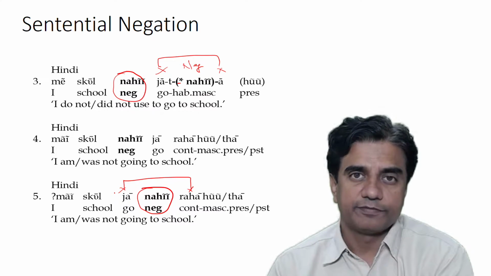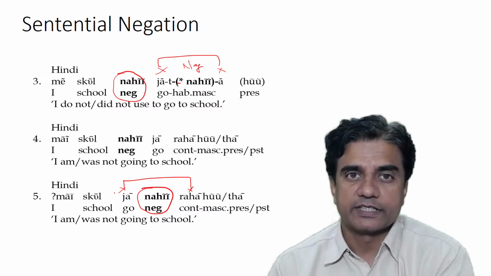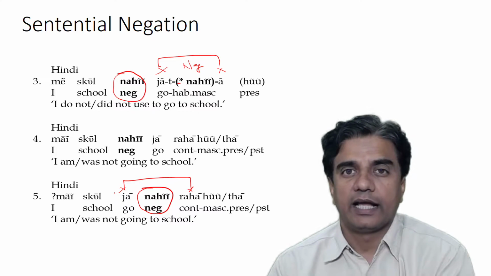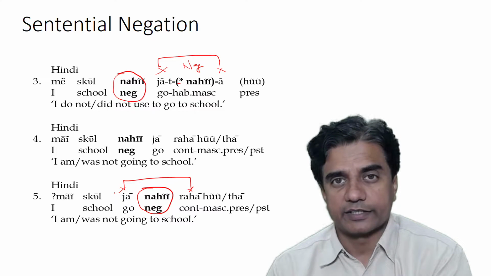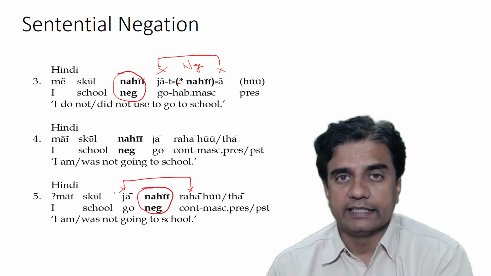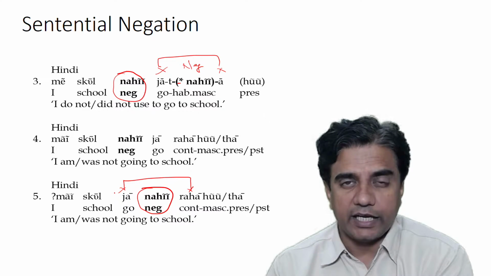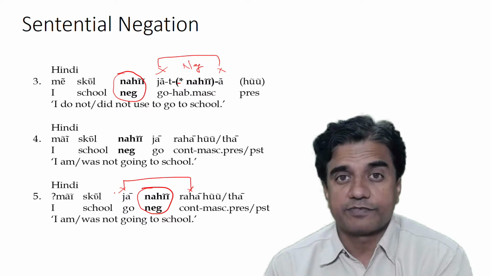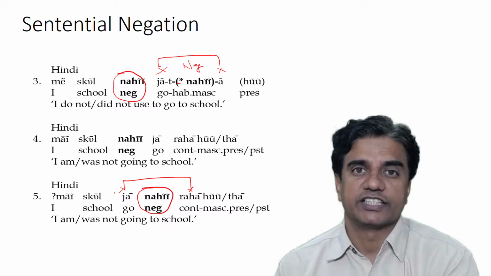Whereas if they are two independent lexical items, that is the verb and the aspectual marker, then a negative element interfering with the adjacency of the two is okay, as demonstrated in sentence number 5.